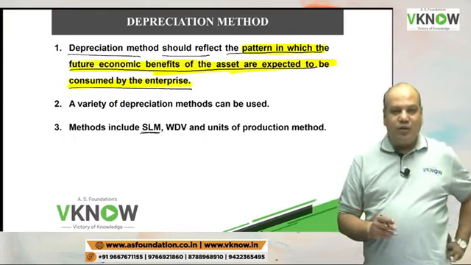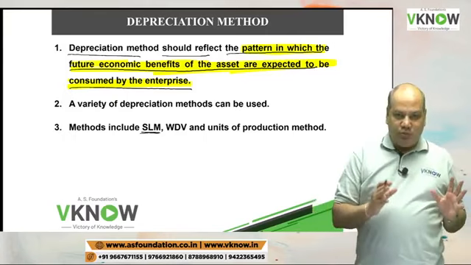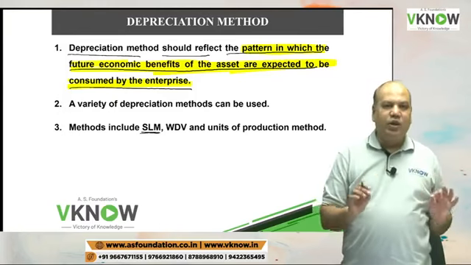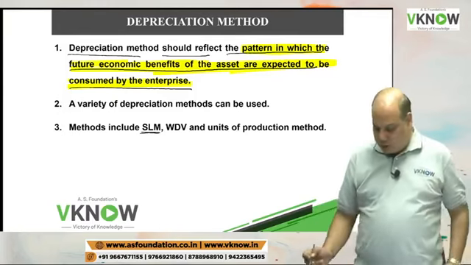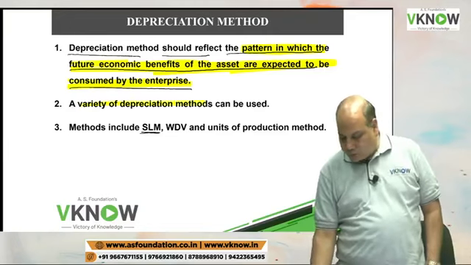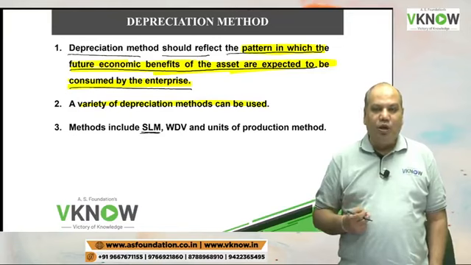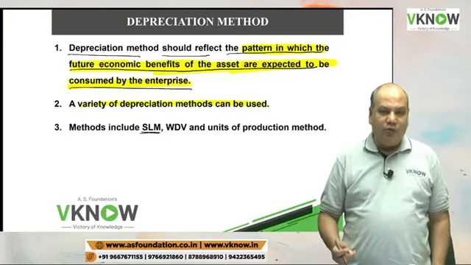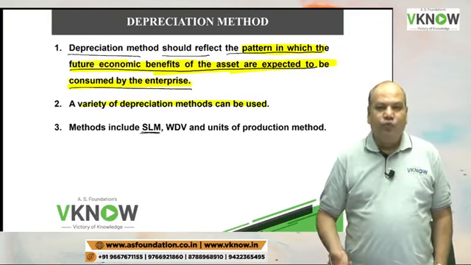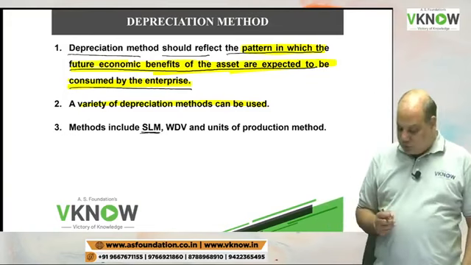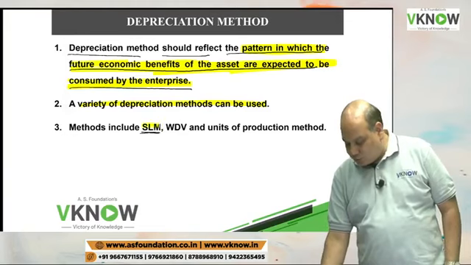If the asset will generate equal future economic benefit in all the years, then one can apply the straight line method. So more than one method of depreciation is possible, depending upon how the enterprise consumes the future economic benefit generated by the asset. Like how the outputs are generated.